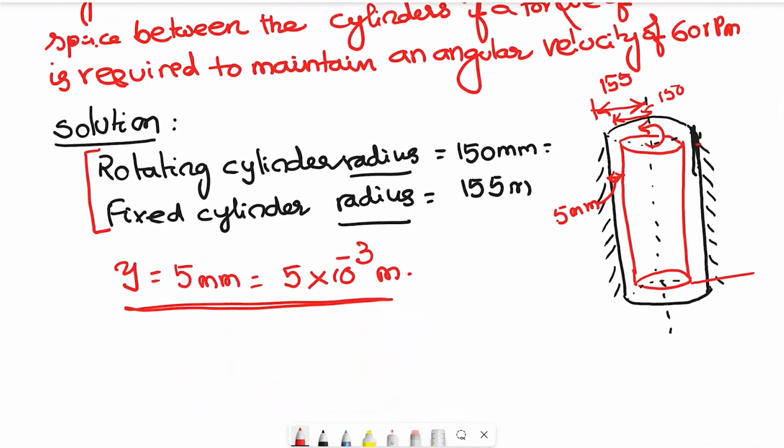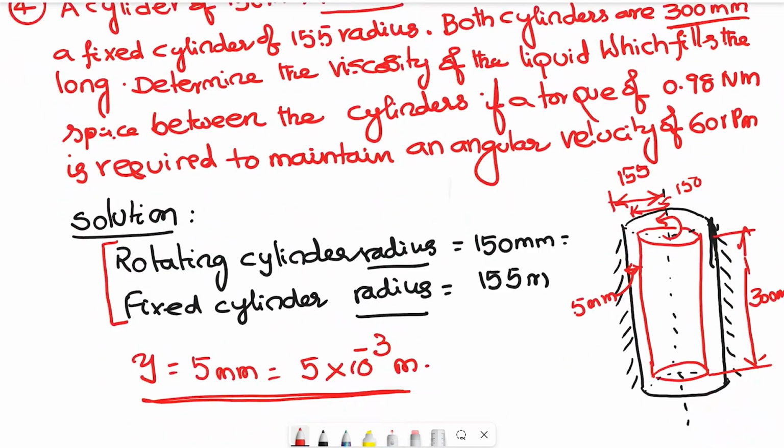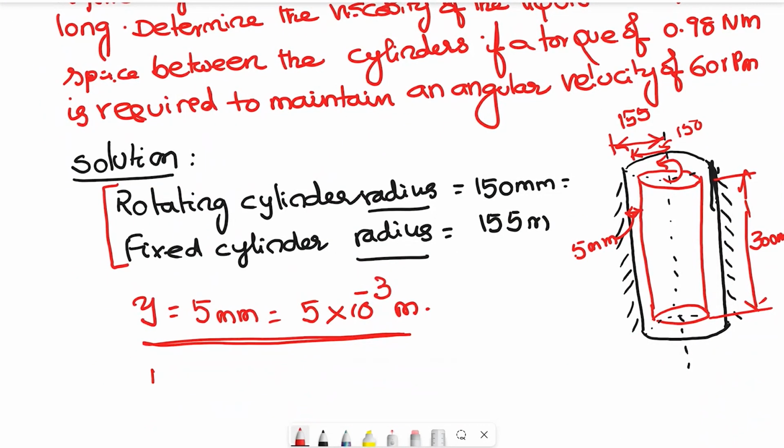So this length he has given as how much? Basically 300 mm. Am I right? Let us see. 300 mm. So L is equal to 300 mm, 0.3 meters.